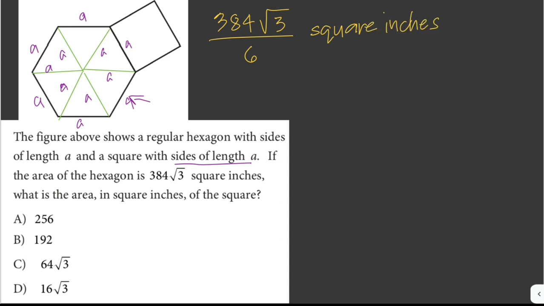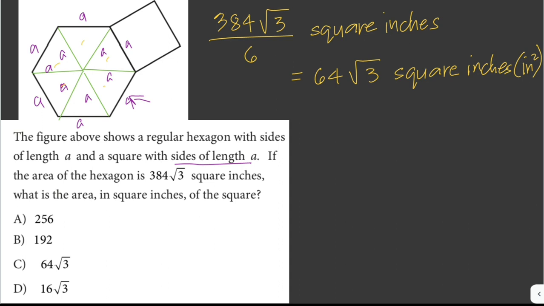So simplifying this, we will get 64 square root of 3, since 384 is divisible by 6. Therefore, the area of each equilateral triangle here is just equal to 64 square root of 3 square inches. You can write this as this one.